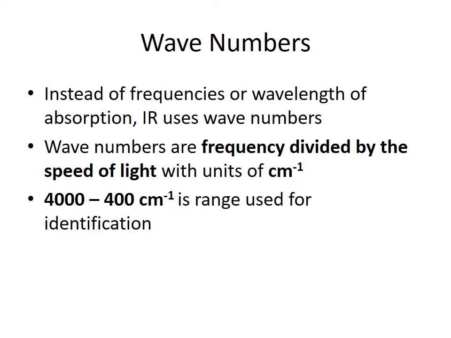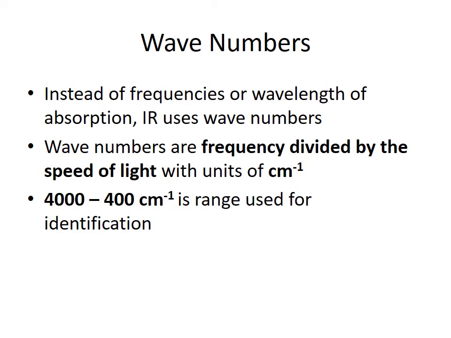So if I want to figure out what 1 over the wavelength is, I just take the speed of light and divide both sides by it, and you get that 1 over lambda is equal to nu over c. No big deal, and we're not going to do any calculations with it. What we end up with is units of centimeters to the -1.